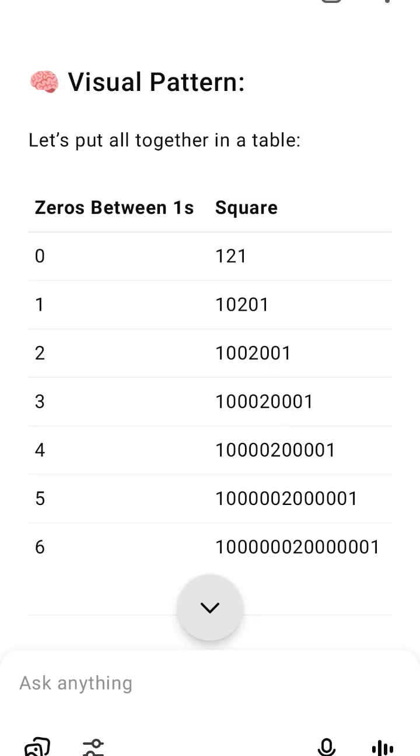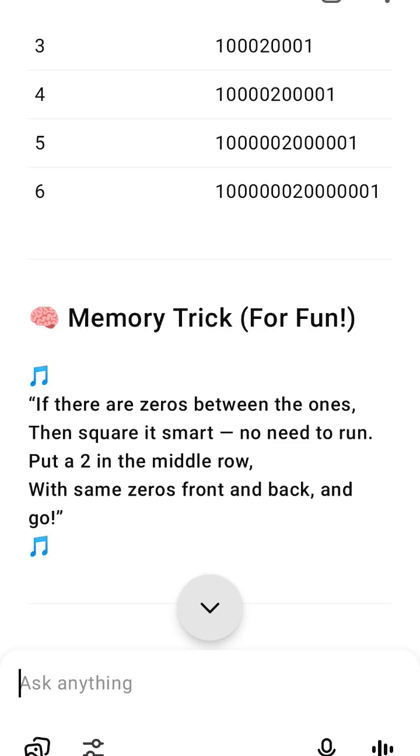What's the pattern? If a number is like 1 followed by n zeros, then another 1 at the end, we call this the one-zeros-one format. Then its square is 1 followed by n zeros, 2, n zeros, 1. Let's apply this pattern. What is 100001 squared? 100001 equals 1, 0000, 1. 4 zeros in between.